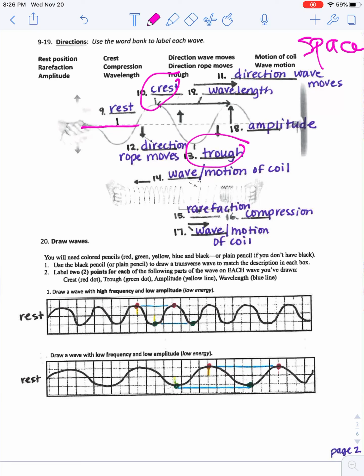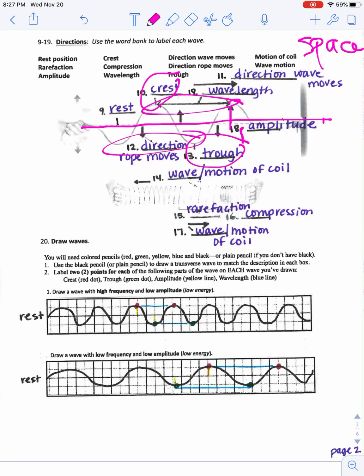You're going to want to know that this is the rest position and that the amplitude is rest to crest or rest to trough. The amplitude is the measurement of how much energy that wave is carrying.